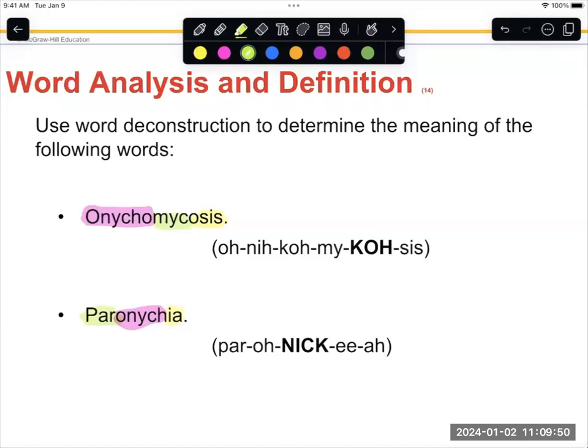The root is technically para, but we drop that second a to make the composite word flow more easily.